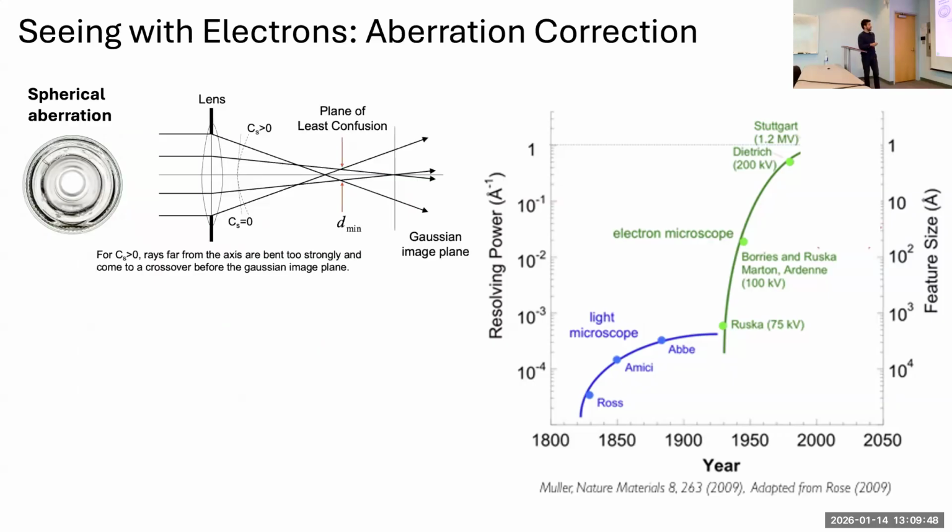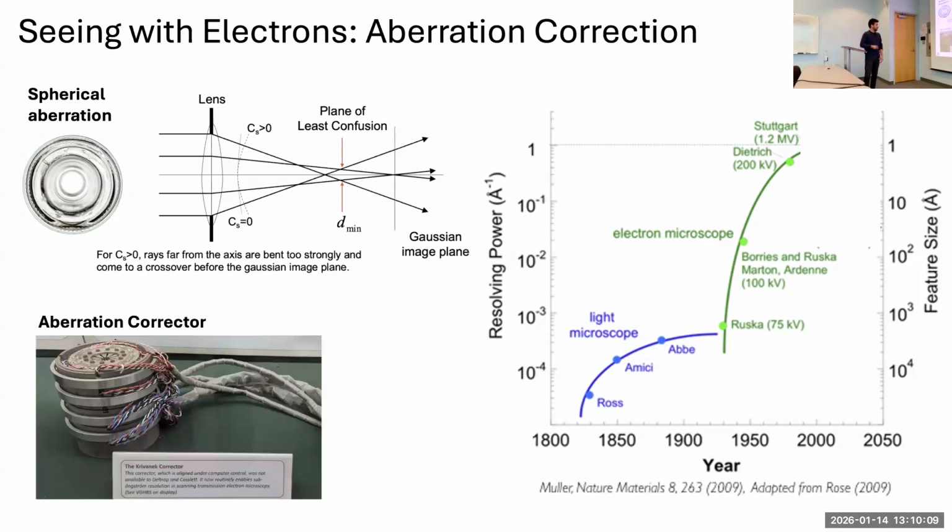In particular, spherical aberration, which, in analogy to the bottom of a bottle, over-focuses electrons that are far from the optic axis. So you end up with a blurred image, and you are not able to reach the highest resolution because of these spherical aberrations.